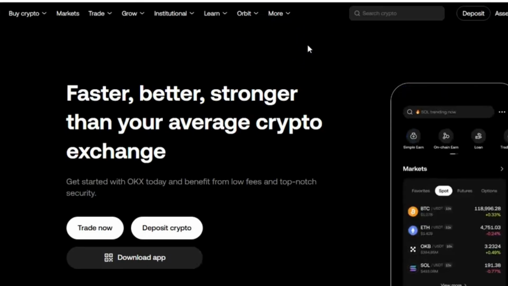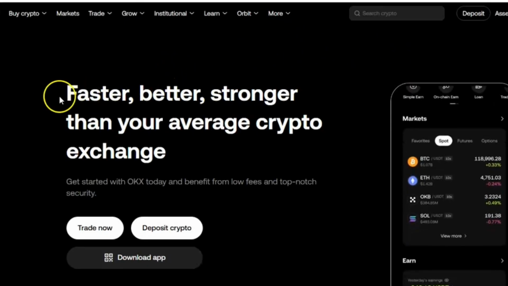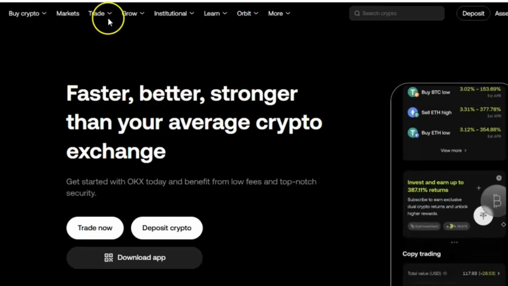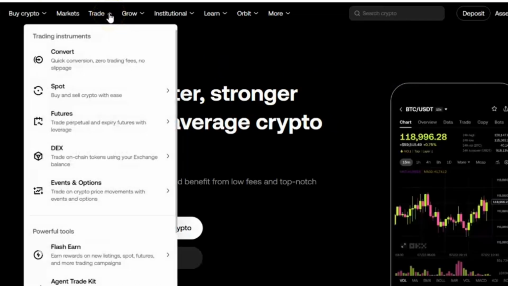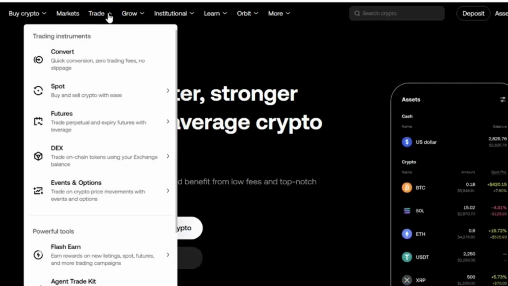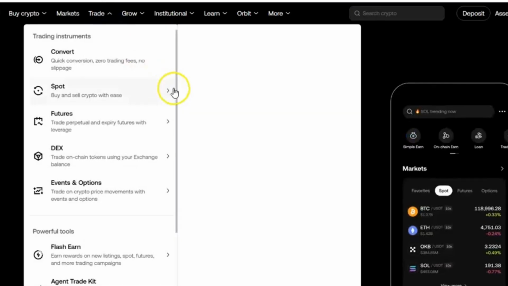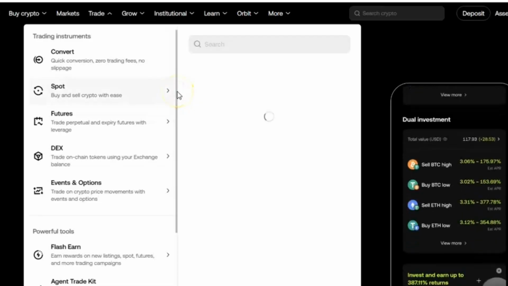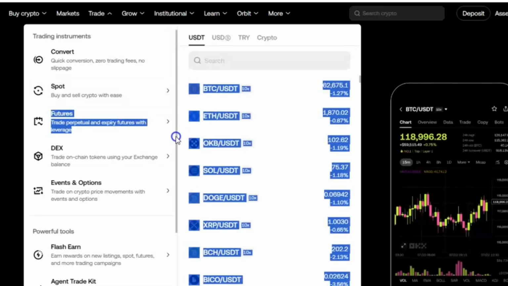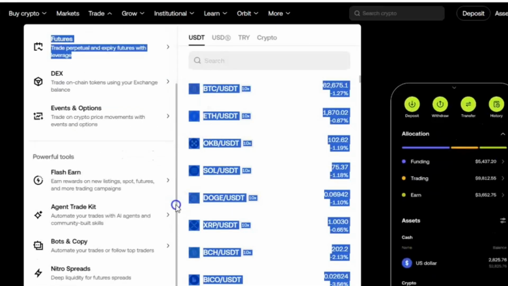Let's assume you've created an account and you've logged on. This is actually the platform that you're gonna see. So what you do is you click here where it reads trade. You simply hover over the tab and you see these options. So you hover over to the far end here so that you pull down this bar.